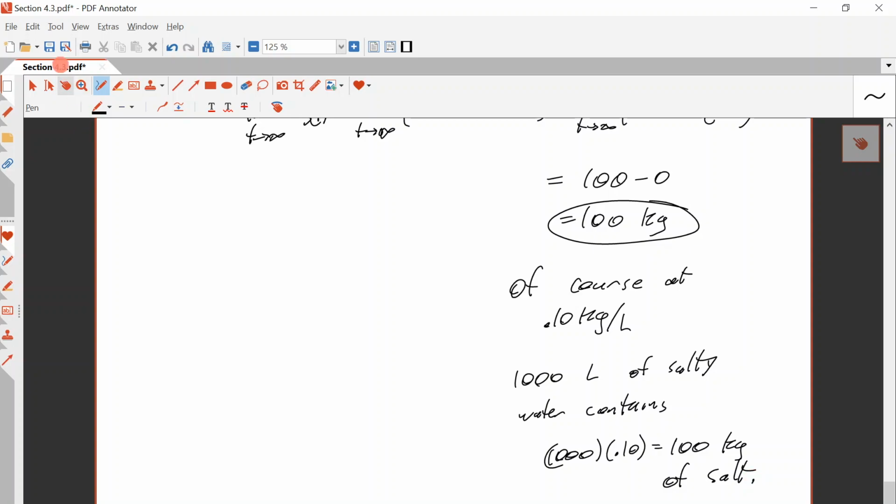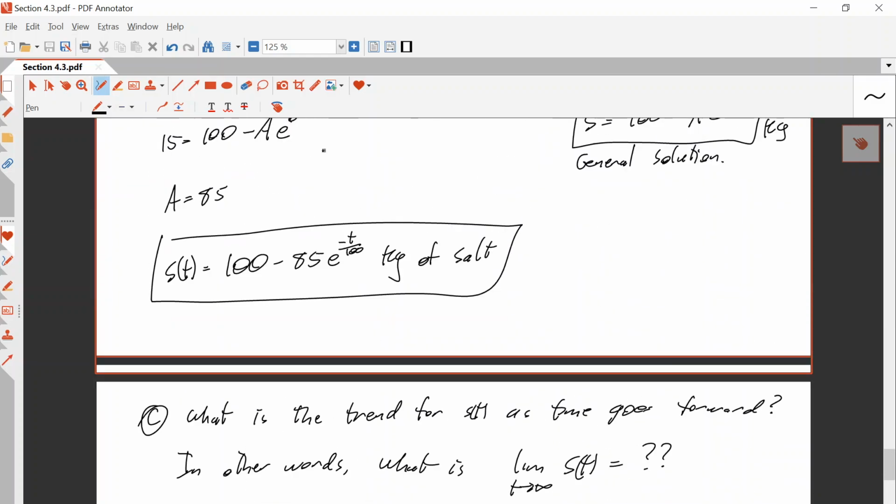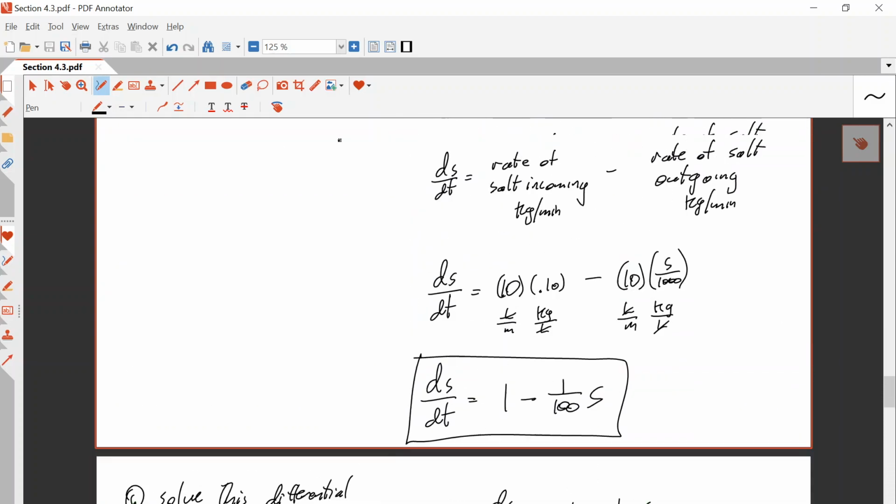Right, and that's exactly the concentration of salt that's coming into the tank from that incoming faucet.